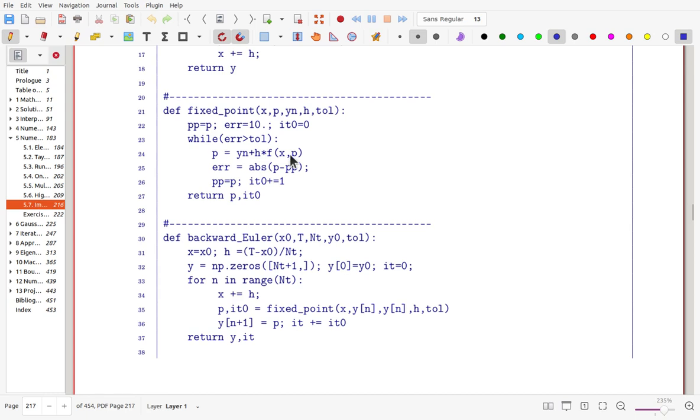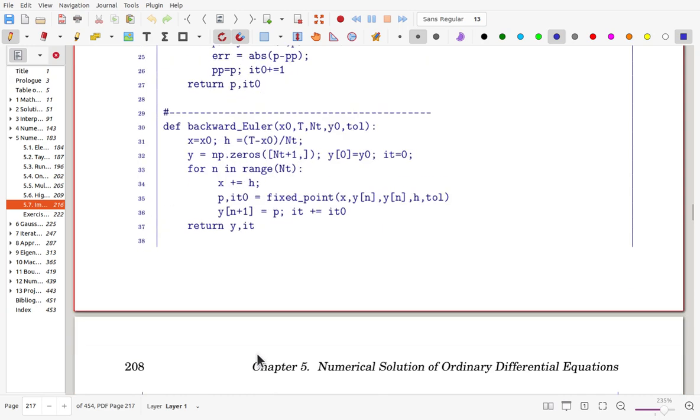We also count the number of iterations at each level and add it up, so the total number of fixed point iterations is returned from this function.